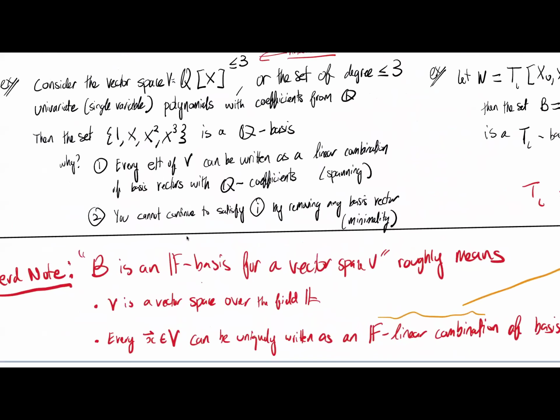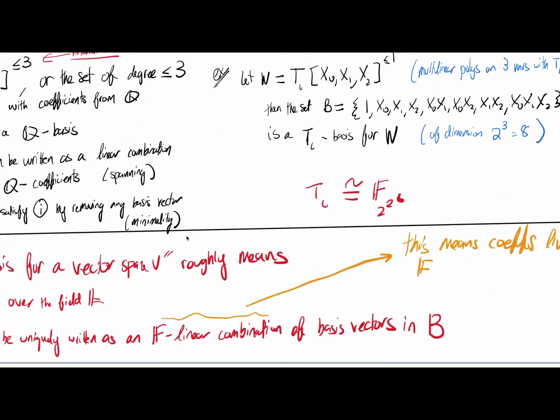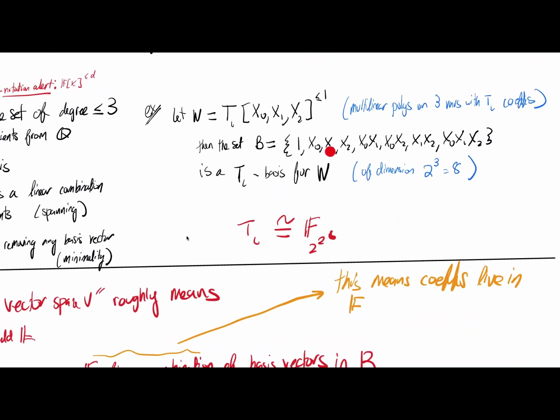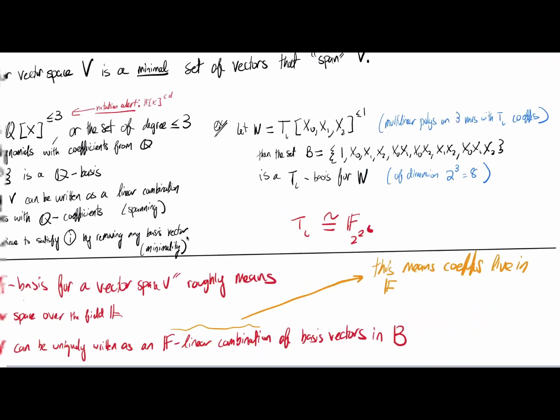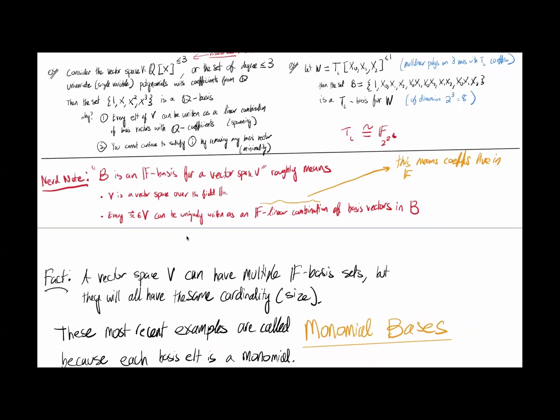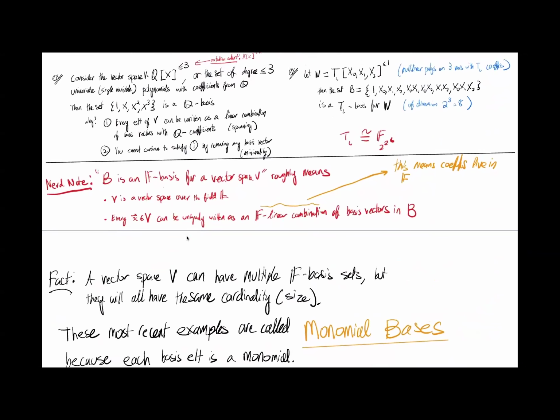Well, if you look at every single basis vector, it is itself a monomial. Same thing here. These are each monomials. So we call this a monomial basis. And really, it's the standard basis, what you'd expect the basis to be for these polynomial vector spaces.